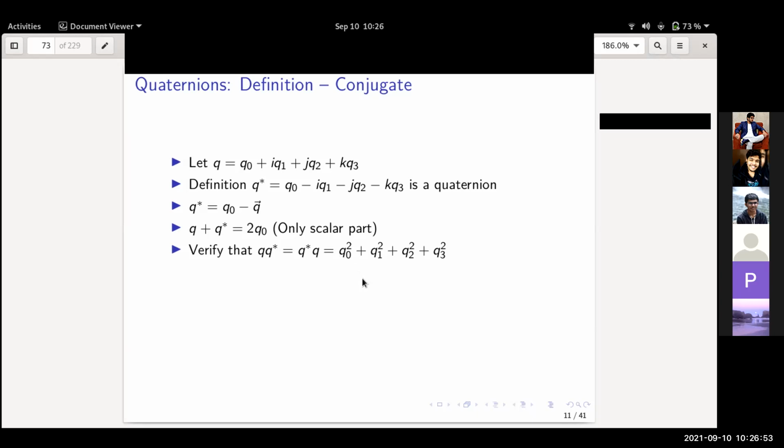It will be the root of A square plus B square in the denominator. Do you want the root in the denominator? No, sir, I think it is fine. A plus iB into A minus iB is A square plus B square in the numerator. So the denominator should be A square plus B square only. It is actually norm square, right? Yes, sir.